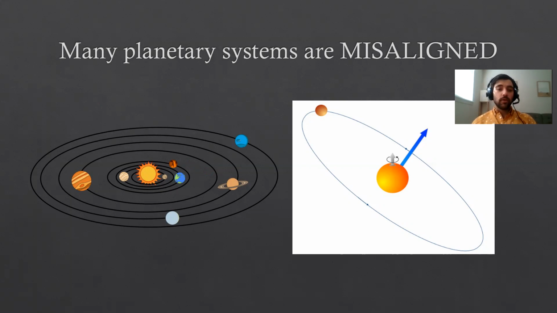And usually we assume that if any of these systems, which we call misaligned systems, are misaligned, these misalignments will happen after the formation of the planets. So the planetary system forms in the same way as our solar system, as represented on the left. And if it's going to be misaligned, it'll be misaligned sometime after it's formed.